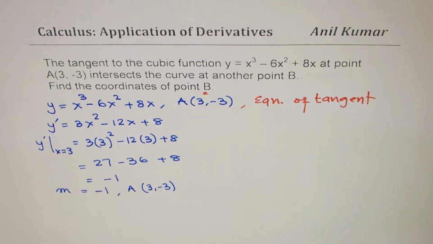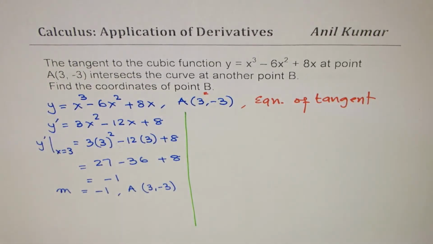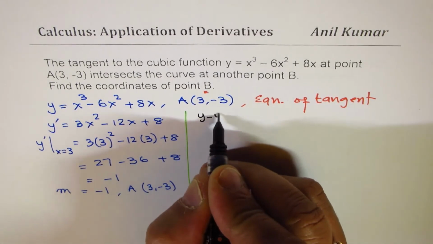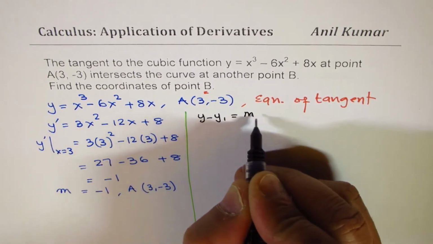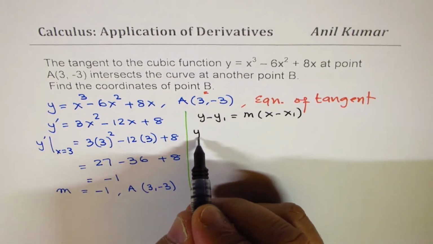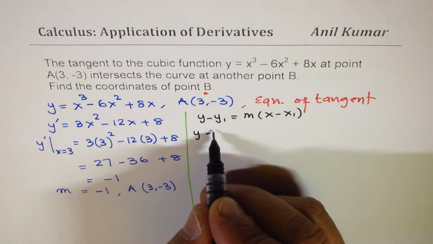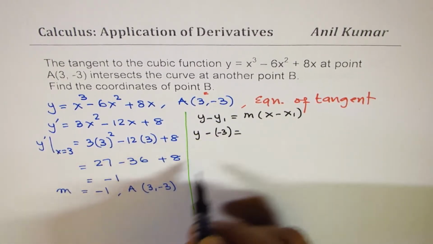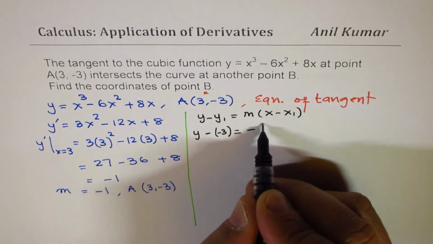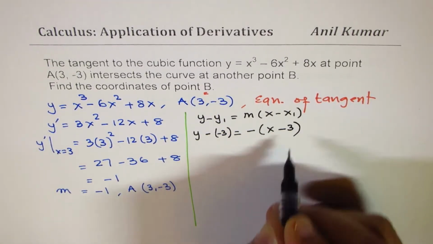Now let us find the equation of line. So to find the equation of line, I will use the formula y minus y1 equals m times x minus x1. So we get y minus, the value of y is minus 3, which is y plus 3, equals minus 1 times x minus x1, which is 3.